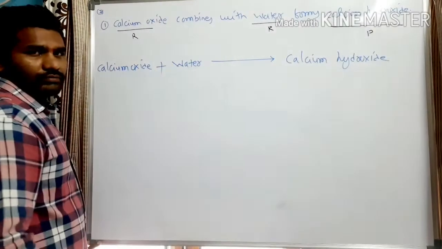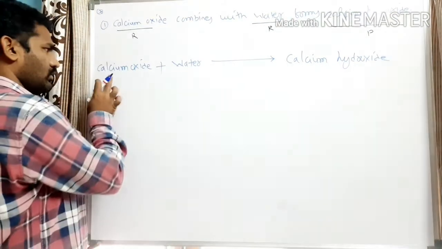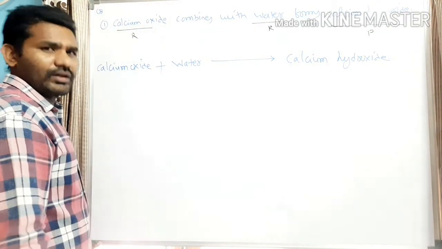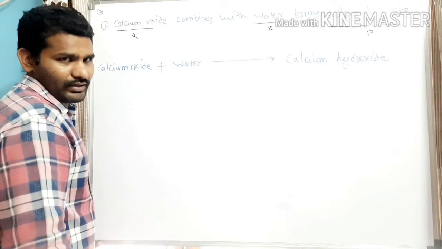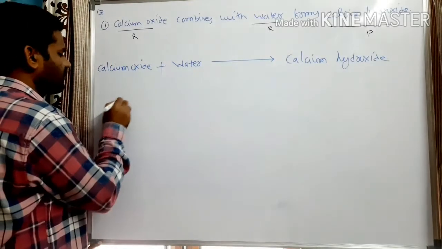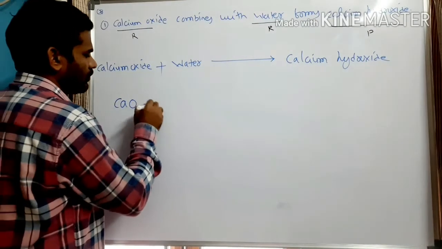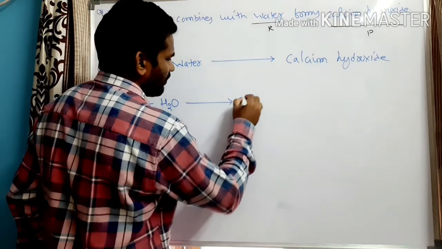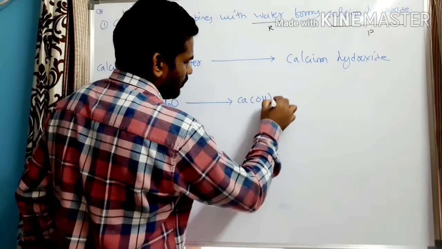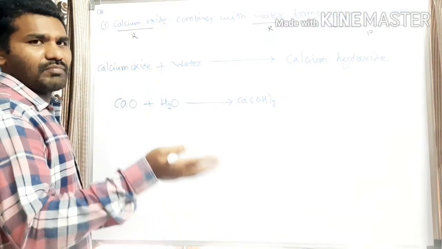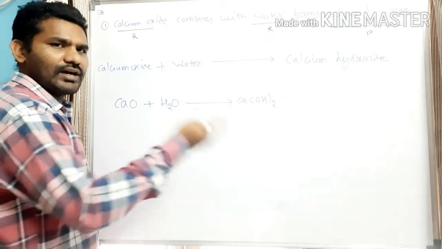Second step is over. Third step, replace the reactants and products by appropriate symbols and formulas. The calcium oxide formula is CaO, water formula is H2O, calcium hydroxide formula is Ca(OH)2. Last step, that is the fourth step, balancing the equation, we are going to learn in the next video.